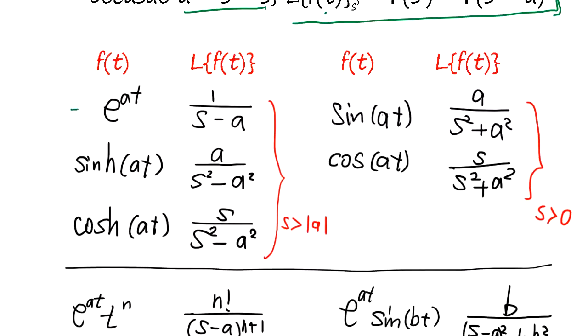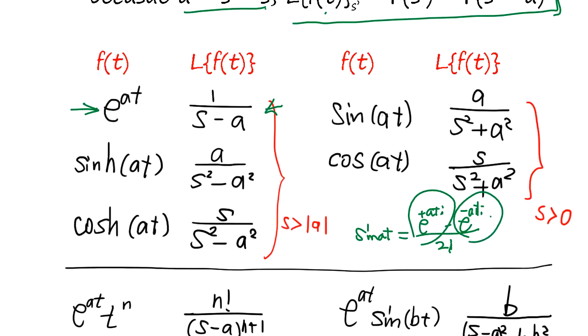The exponent e^(at) is going to be simply 1 over s minus a, and the sine at is going to be a over s squared plus a squared, and that can be done by this formula: e^(iat) minus e^(-iat) over 2i, transforming each exponent term and putting it together, and then we get this.